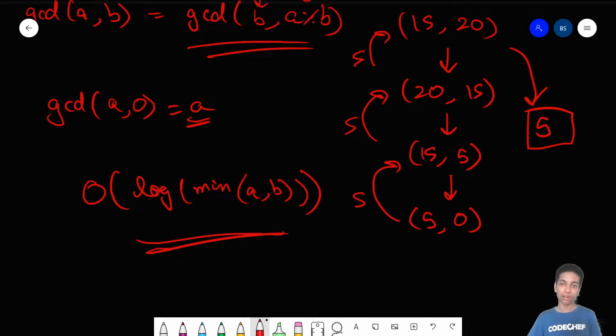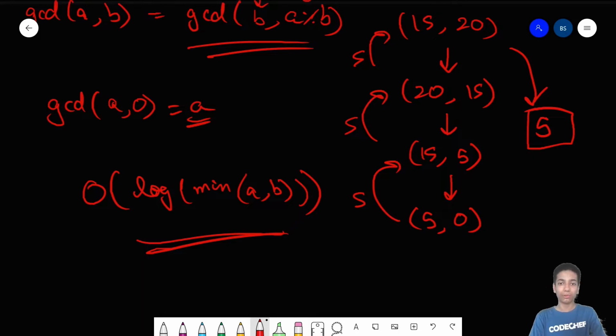This again requires a lot of mathematics. You can look it up, but I do not recommend this. You can just think that it will work for really, really huge numbers, right? So it will also work for 10 to power 100, right? So this is a pretty fast algorithm, a huge improvement, a drastic improvement from O of A to O of log A.